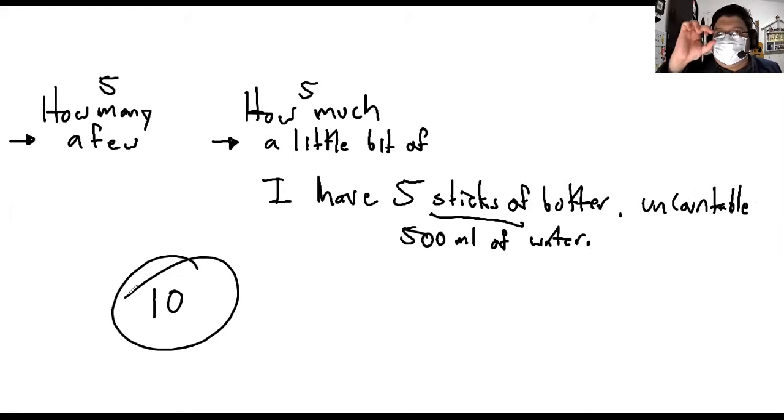If you only have a little bit of milk, you can say, I have a little bit of milk. If not, you can say, I have 1 gallon of milk, or I have 3 cups of milk. Or I have a few eggs, or I have 5 eggs, and that will be countable. That's an example of what you have to do.